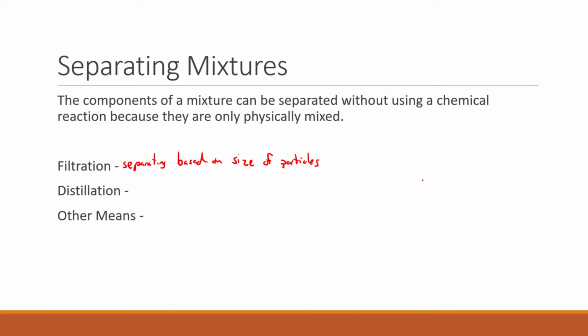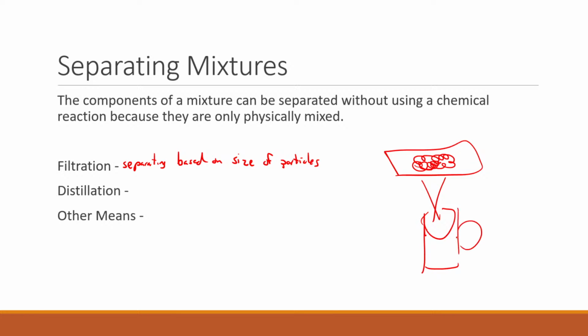Meaning you make coffee using a coffee maker. The grounds get caught in the coffee filter, but the coffee drips into your mug so that you can go about your day drinking your coffee, right? You don't have a bunch of coffee grounds in your coffee. They're bigger than the liquid, they're bigger than the coffee. They get caught in the filter.